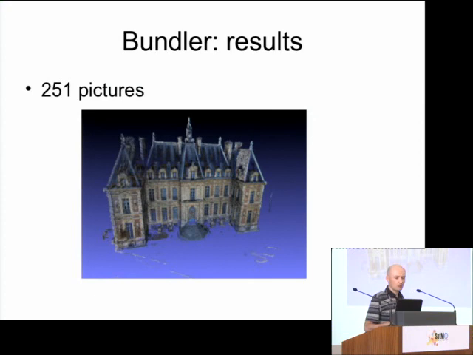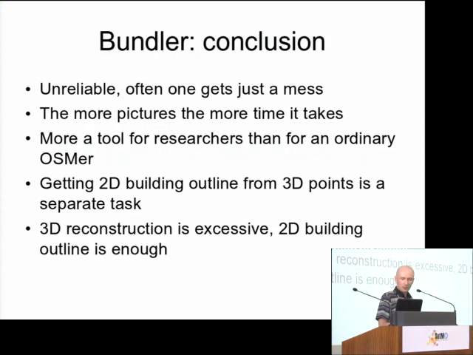That was the solution we used for a while, until we adopted the next solution, which I will talk about in a few minutes. And finally, 3D reconstruction is excessive for OpenStreetMap, because OpenStreetMap for now is much more a 2D map than a 3D map.